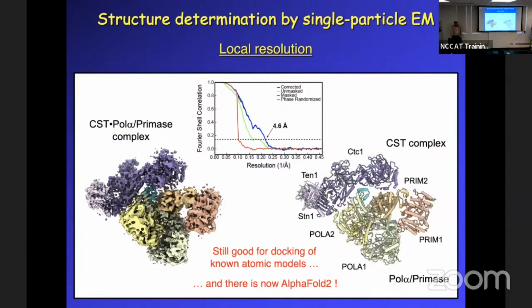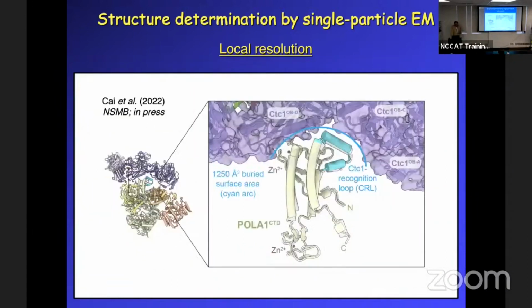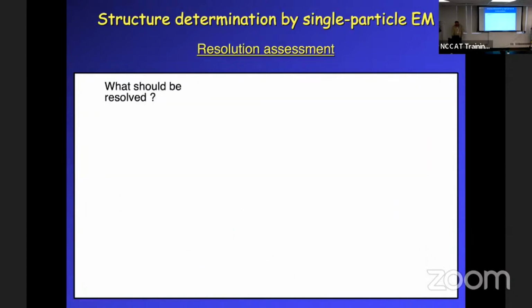So we could build a model, and we found that in this case there was an extension that actually makes this interaction. We couldn't go to the sidechain level, but we could still see computationally the structural folds that evolved to make this interaction between the 2 complexes. And Rich already showed you that.